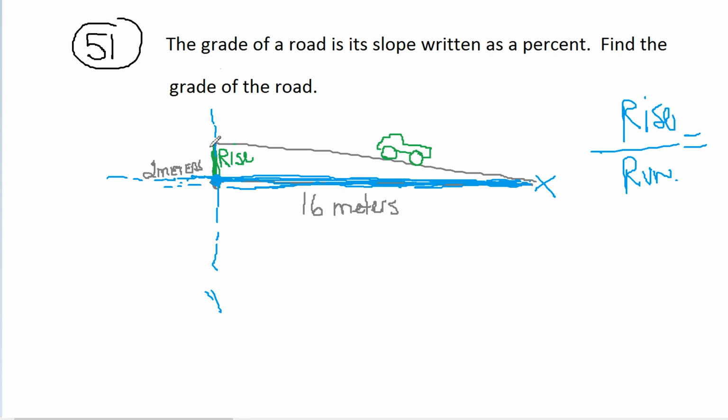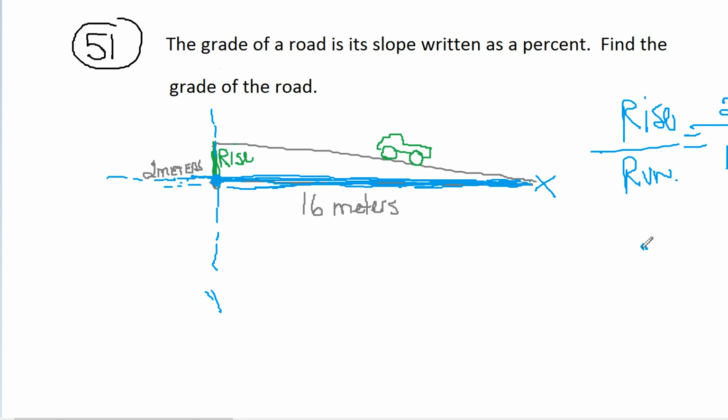Okay, so the rise here is 2 over the run, which is 16. Simplifies to be 1 over 8. And plug in 1 over 8 in your calculator, and you get 0.125.